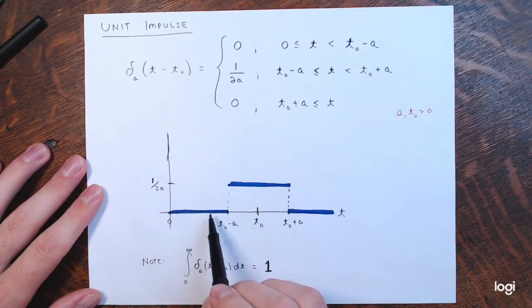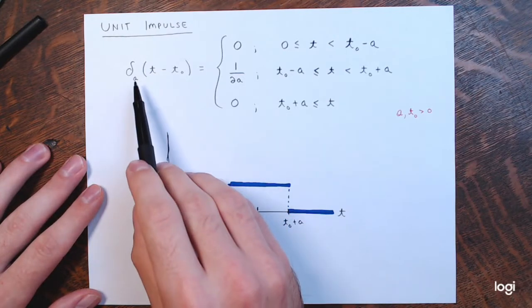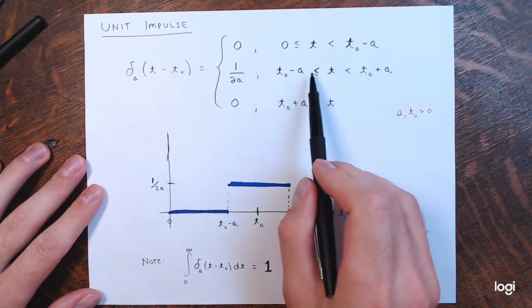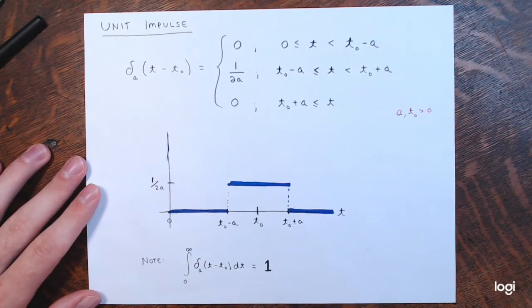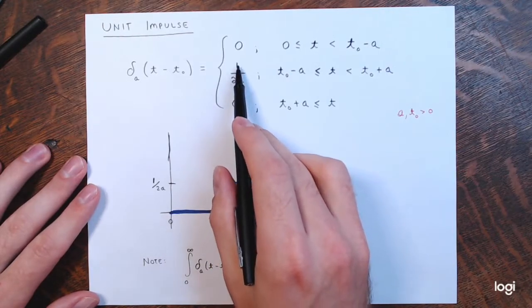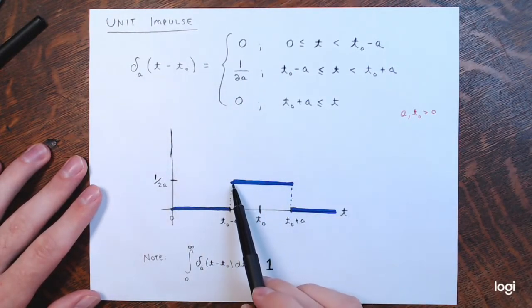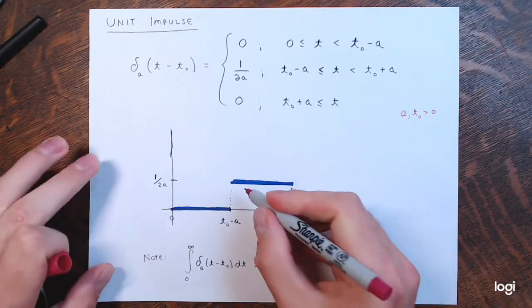No force, a value of 0. Then between t sub 0 minus a and t sub 0 plus a, so just in a very tiny interval, the value of the unit impulse function is such that we get a rectangle with an area of 1 square unit.